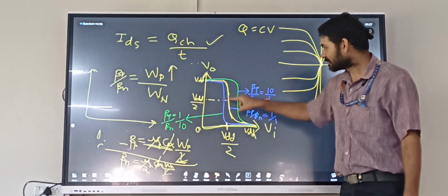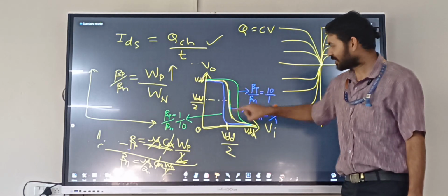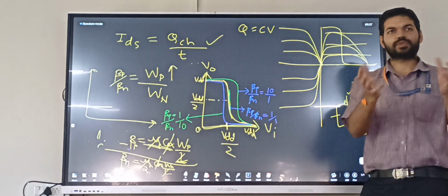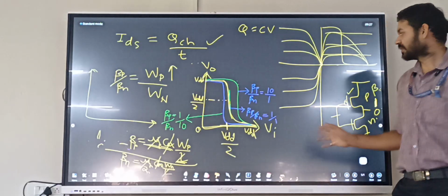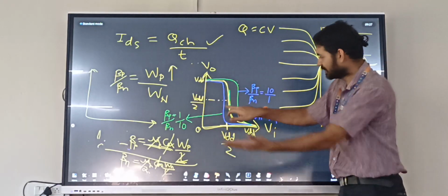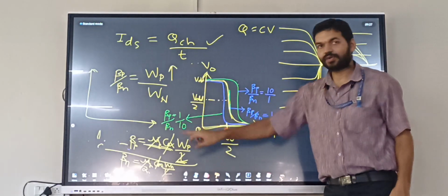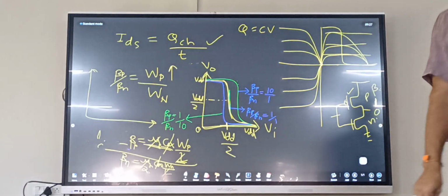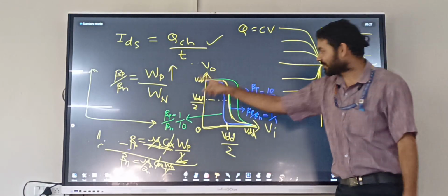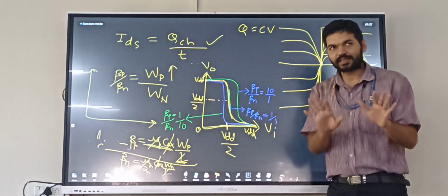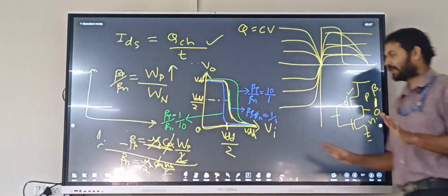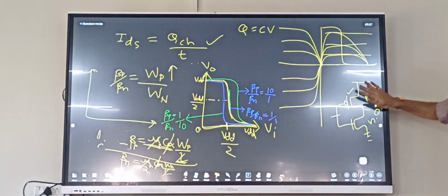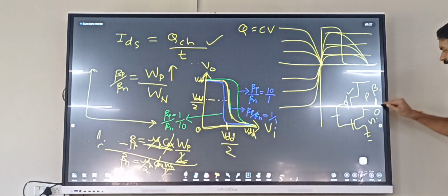Second graph, both the widths are same. Third graph, on the left hand side, the width of NMOS is 10 times greater than PMOS. So our transfer characteristics tell us that if I make PMOS stronger, the output will try to stay at logic high for a longer duration.